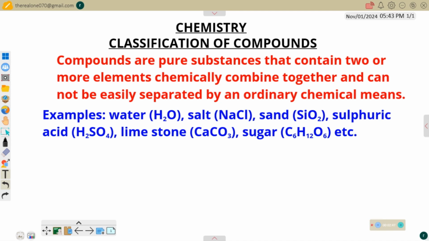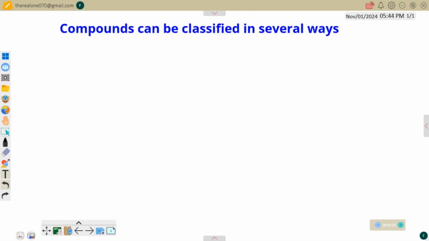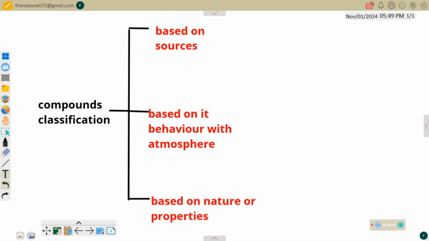Now, let us consider the classification of compounds. Generally, compounds can be classified in several ways, but in this video, I'm going to consider three ways of classifying compounds. The first way is based on sources.